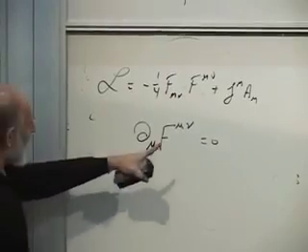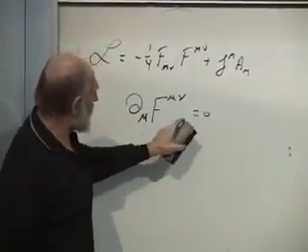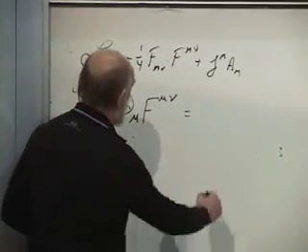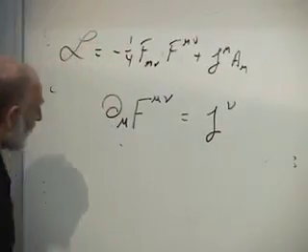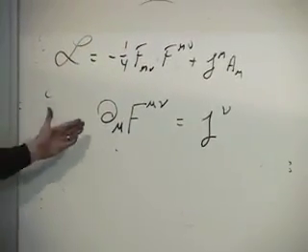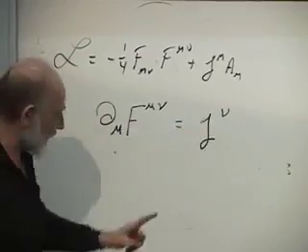What would it be? It would be the derivative of the Lagrangian with respect to A. The result is that there will be a right-hand side of this equation which will be J nu. Here are 4 equations with a right-hand side which contains the 4-vector of current.